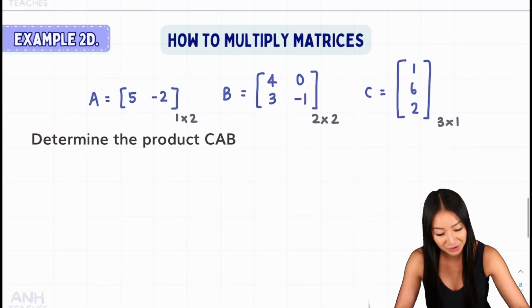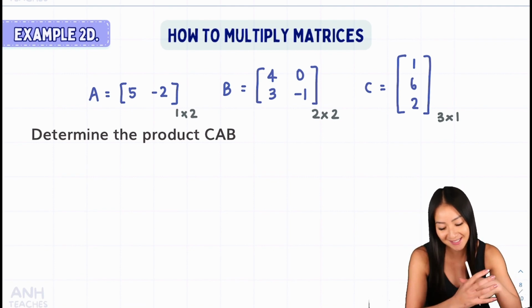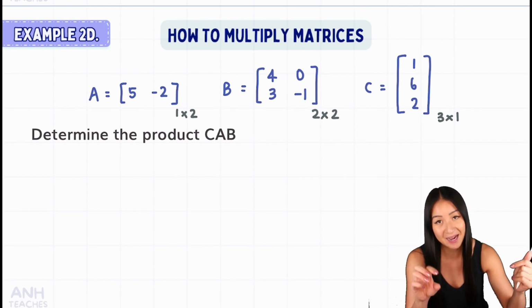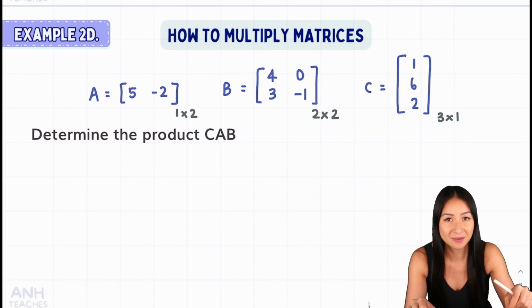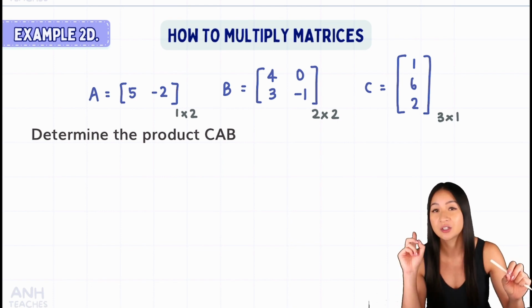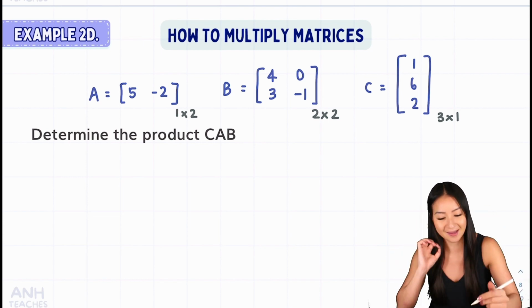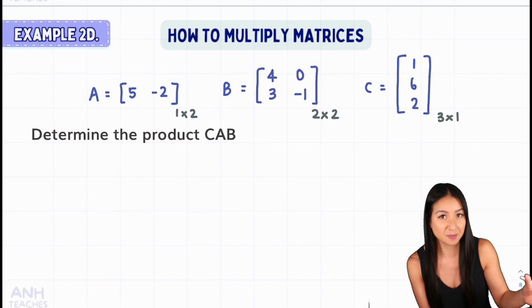Moving on to our last example. Now, this question is asking us to determine the product CAB. So we are multiplying 3 matrices together now. The thing about matrix multiplication is it's not commutative, but it is associative, meaning that to find the product CAB, it doesn't matter what I group together first.